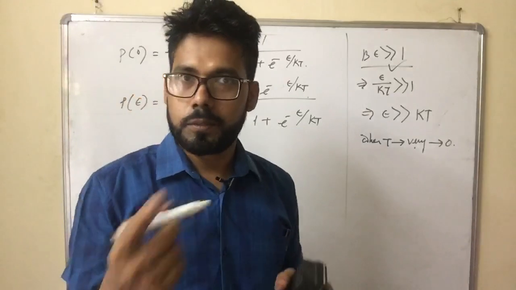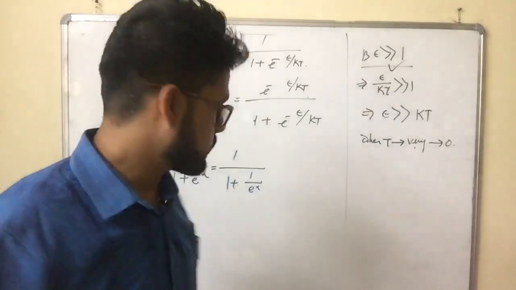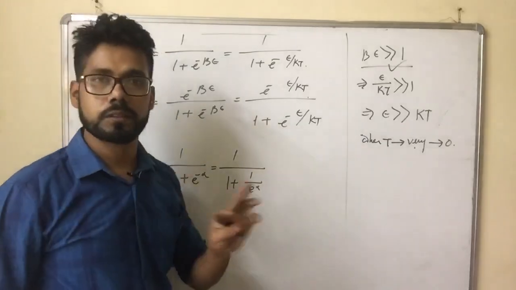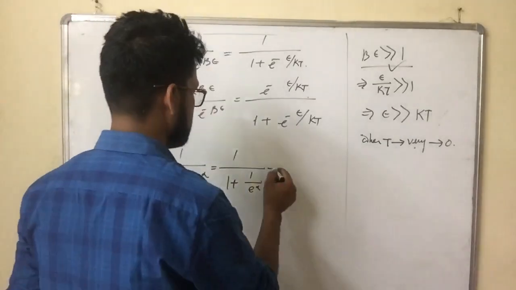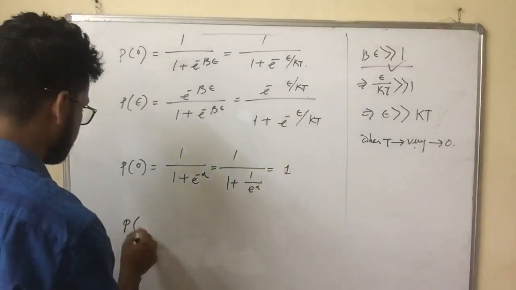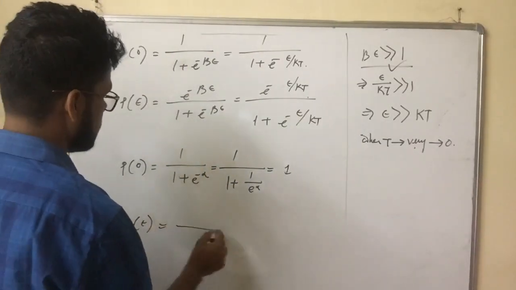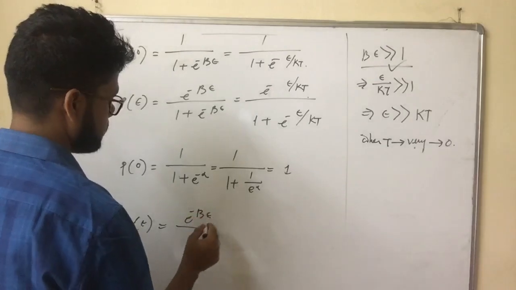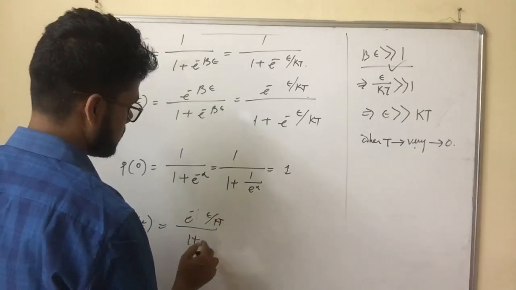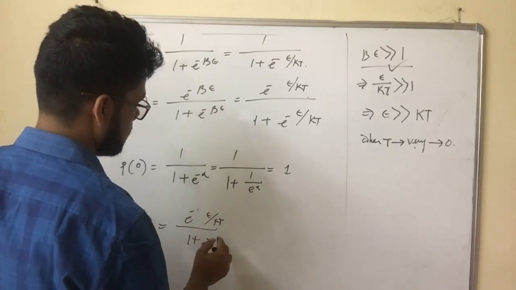Any number to the power infinity gives infinity. So 1 by infinity means it will be 0. So e to the power minus infinity, always remember, will be 0. So it will be 1. Okay, and next you see PE: e to the power minus e by kT over 1 plus e to the power minus e by kT.